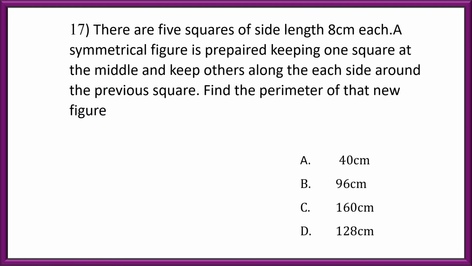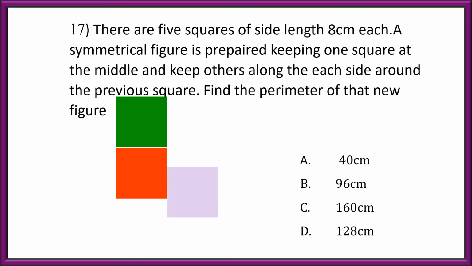Question number 17. There are 5 squares of side length 8 centimeters each. A symmetrical figure is prepared, keeping one square in the middle and keeping the others along each side around the previous square. Find the perimeter of that new figure. Now I am going to sketch the relevant figure for the given description.